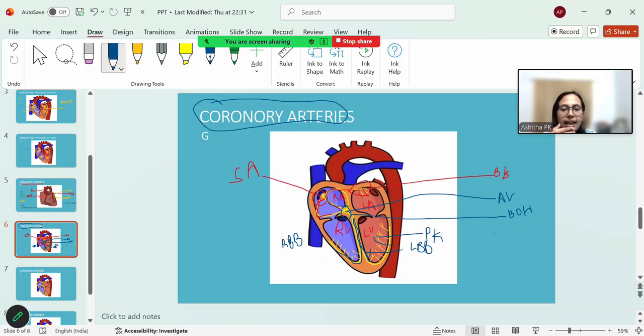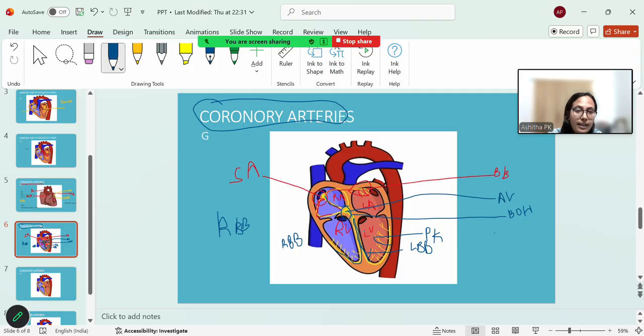This is how the conduction system in the heart functions. We have heard about conditions like right bundle branch block and left bundle branch block. These are heart blocks due to problems in the conduction system.